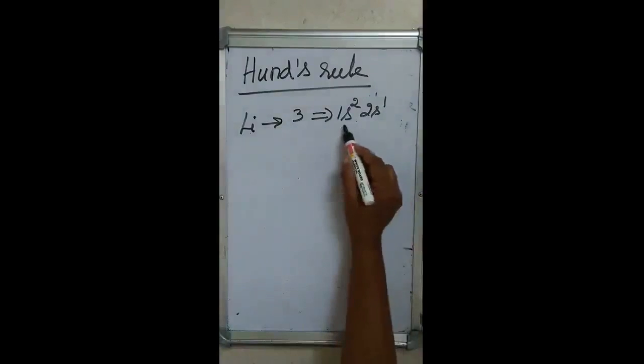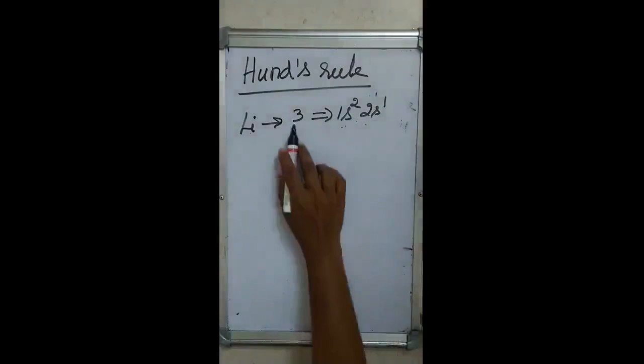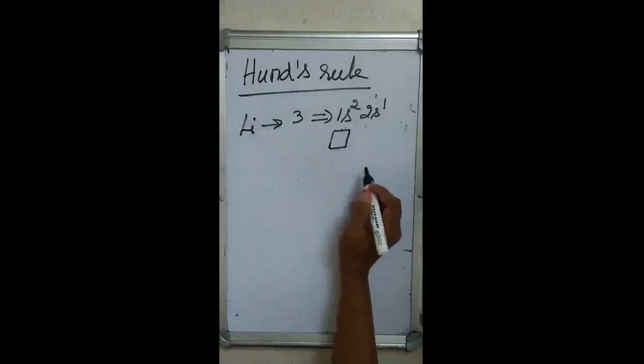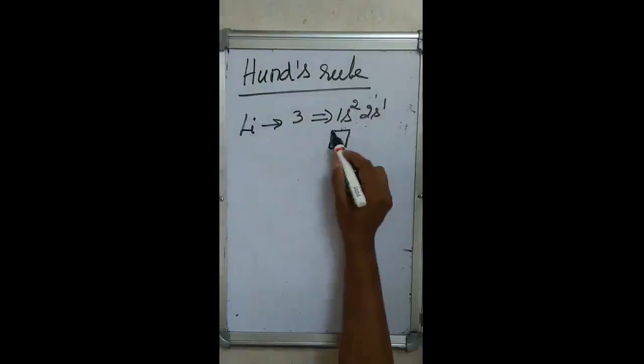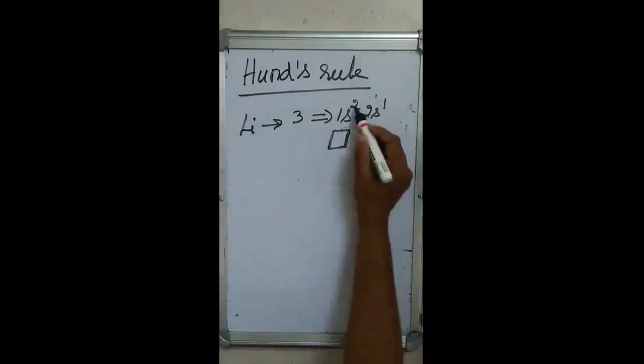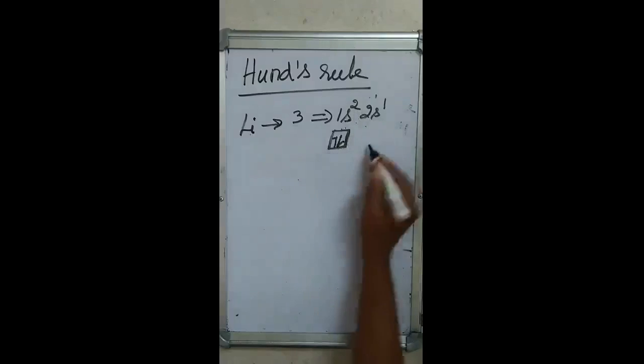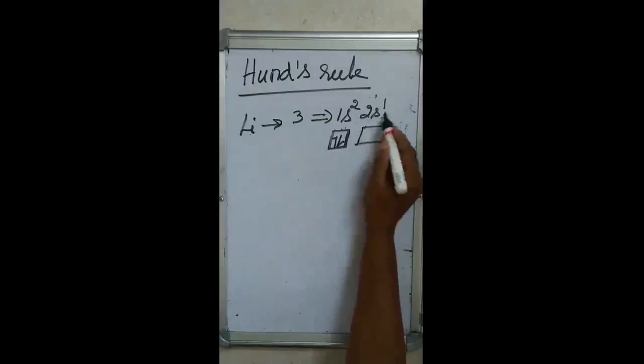Here 1s2, 2s1, so 3 electrons are filled. I will write the same in box form. 1s has one box. How many electrons are present in 1s? Two electrons: one has an upward spin, another has the anti-clockwise direction. Like this I will write. Now 2s has how many electrons?